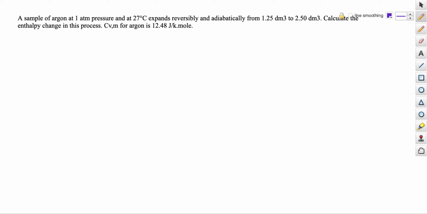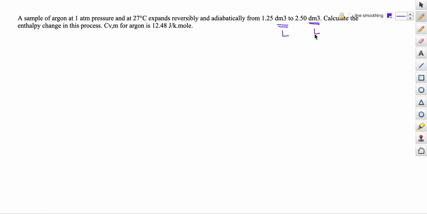A sample of argon at 1 atmosphere and at 27 degrees centigrade expands reversibly and adiabatically from 1.25 decimeter cube to 2.50 decimeter cube. A decimeter cube is nothing but a liter, so that means 1.25 liters to 2.50 liters.